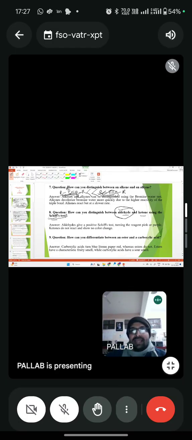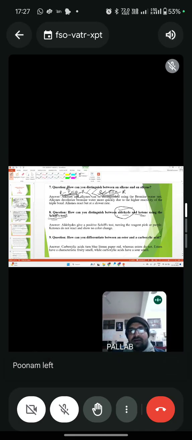So aldehyde will give a positive SIP test and a pink or purple color, but ketone does not react with SIP reagent. So we use this basically to separate aldehyde and ketone.